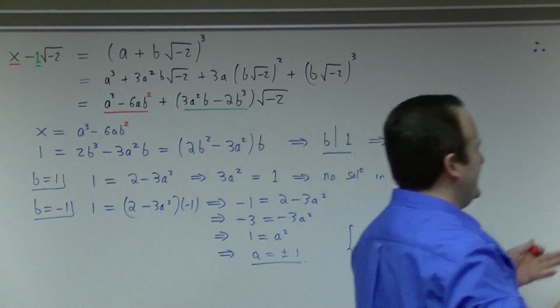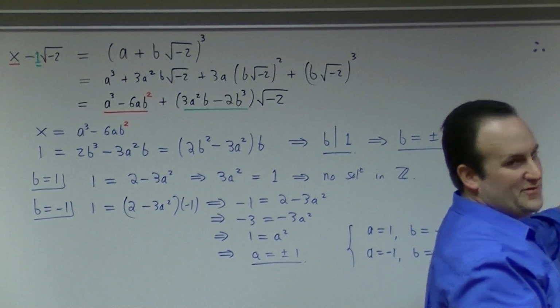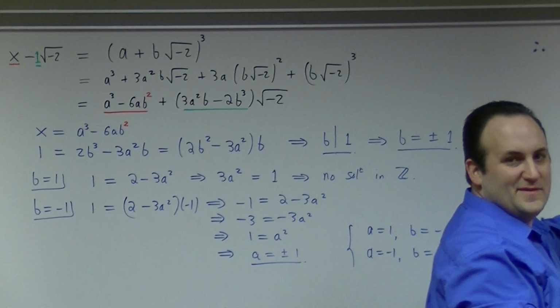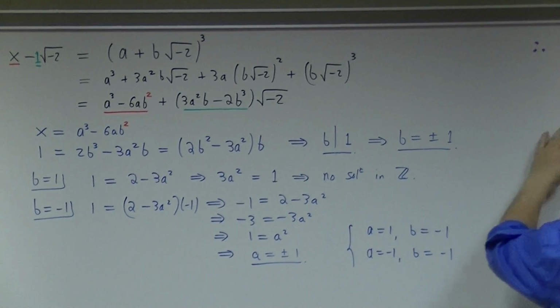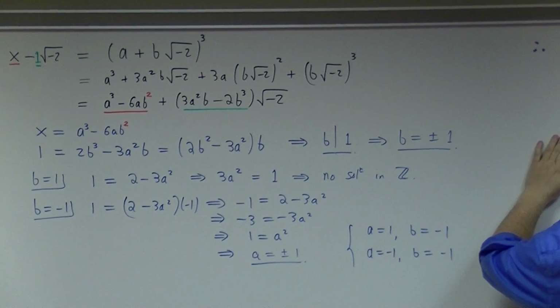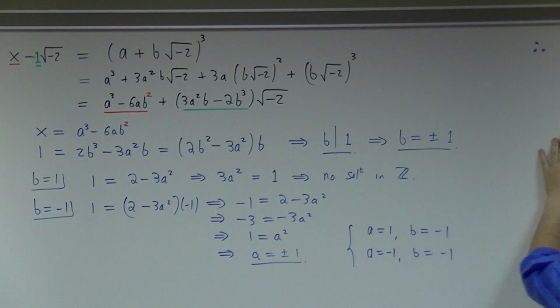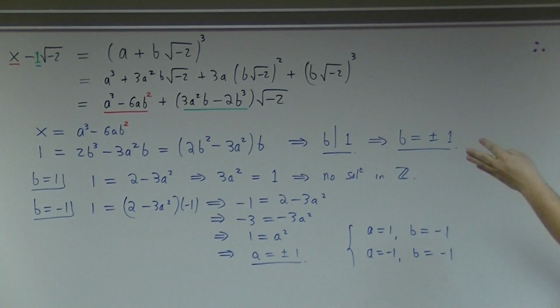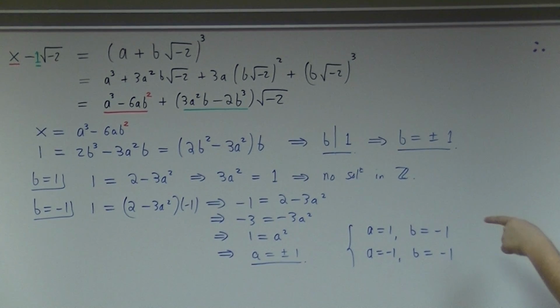Aha. This isn't a cube. I was plugging it in, I got 23, which is not a cube, right? But if you put the b squared, because minus 1 squared is just 1, I get a cubed minus 6a, which ends up being what? For a equals 1, it's minus 5. And for a equals minus 1, it's 5.